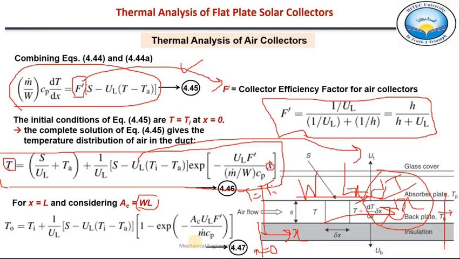So the overall procedure is quite the same, which we have already done in the liquid flat plate solar collectors. There also we have derived similar equations for estimating fluid temperature in the x direction, or the temperature distribution equation in the x direction, and the final temperature of the fluid when it is leaving at the end of this solar collector, when it flows through this whole area A_C, right?